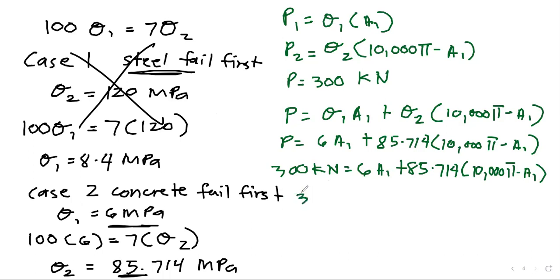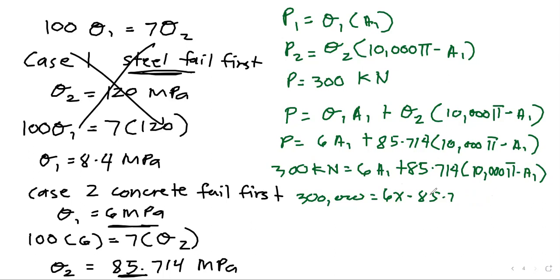So, magiging 300,000 is equal to 6. Sabi natin A1 is X. Ano ba itong equation natin? Minus 85.714 A1. Okay, sige. Okay na, nag-gets ko na. 300,000 minus 85,714 times 10,000 pi.